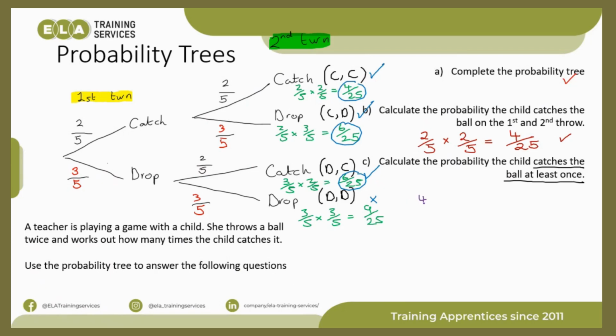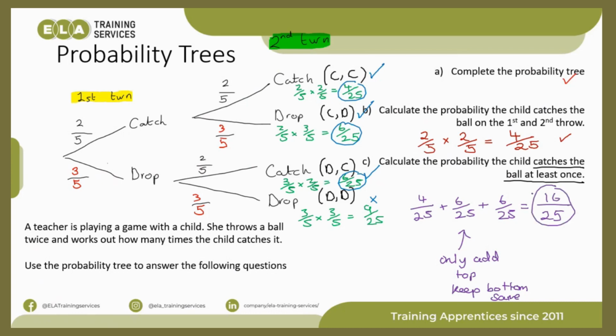So 4/25, add 6/25, add 6/25. With fractions, we only add the top. You keep the bottom the same. So then it's going to be out of 25. 6 and 4 is 10. Add 6 is 16/25. And that is how we do probability trees.